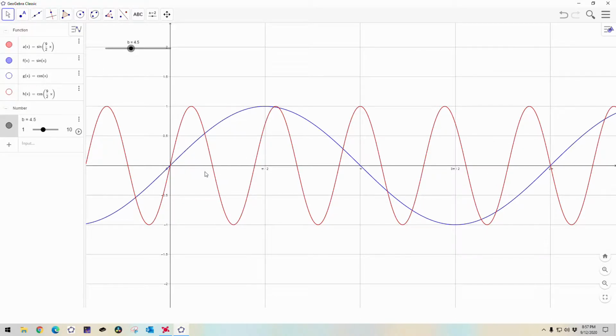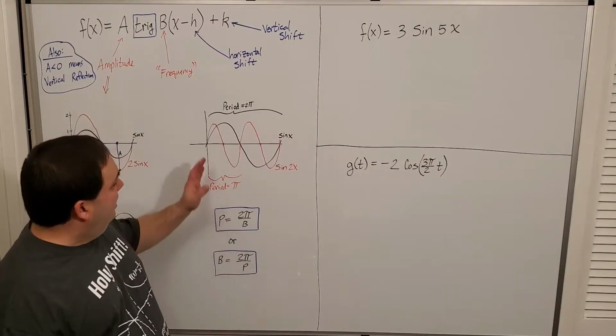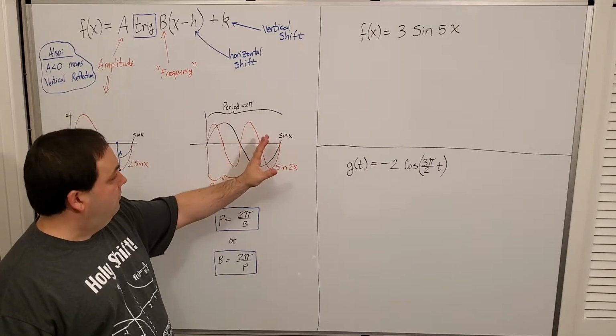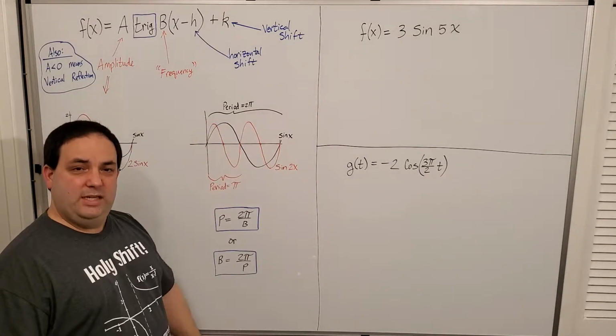So this is what I'm talking about when I say that this is the frequency number when multiplied on top of the x there. It changes the number of times that this thing can appear in the 0 to 2 pi interval. So this is what's happening. However I'm putting the cycles down, each one has to be equally positioned.